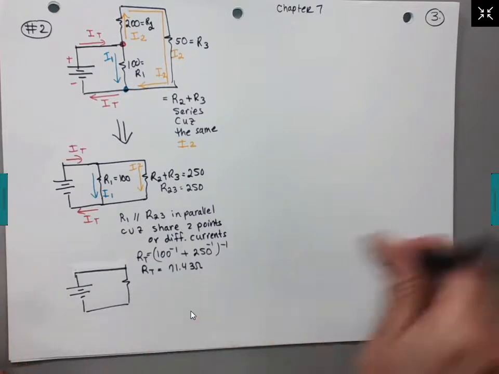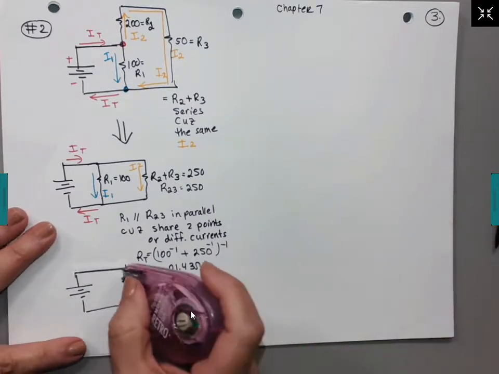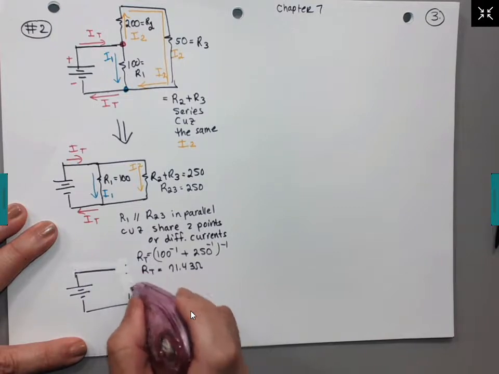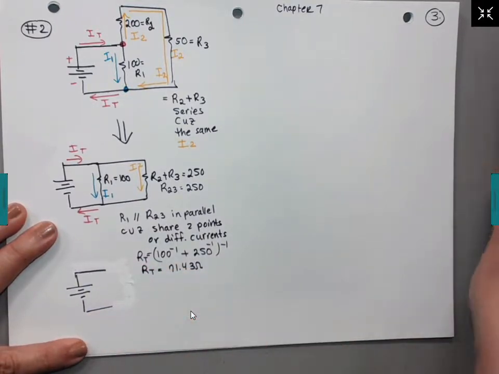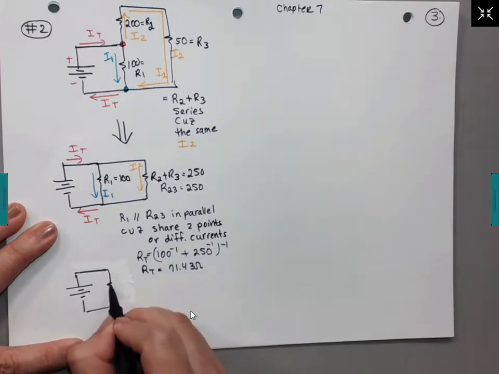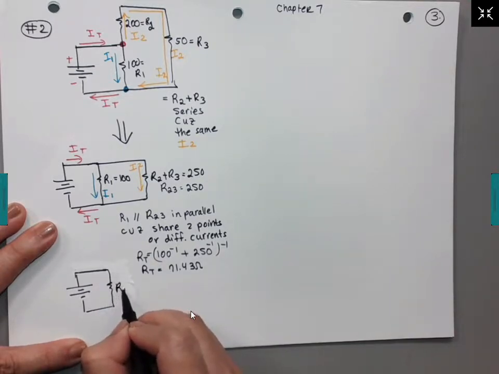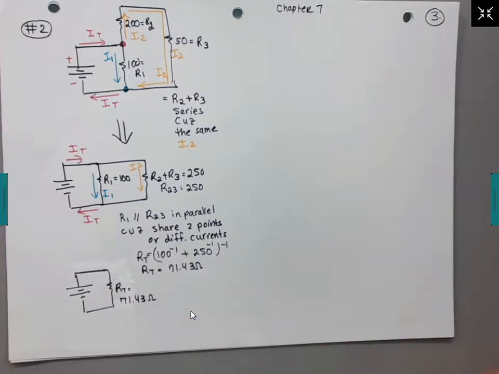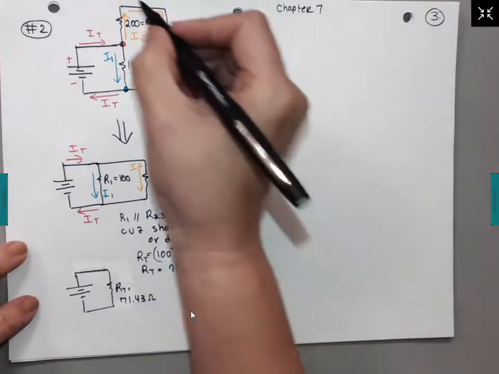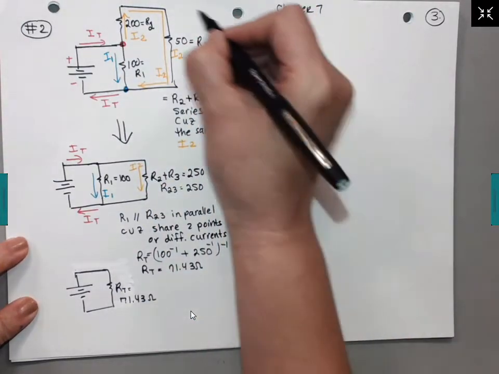So this guy right here, I'm trying to not have it all so crowded. Let me move this and make it smaller. There we go. RT is equal to 71.43 ohms. Okay, so that's all we're doing for this circuit, finding RT.